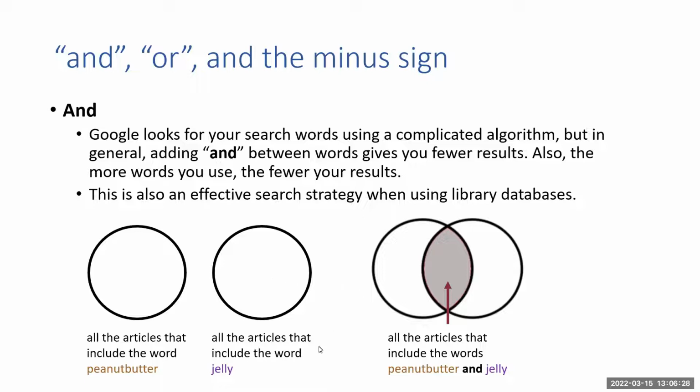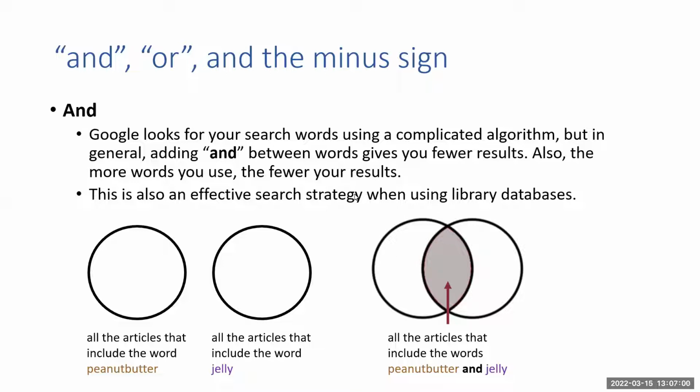So when you say you're going to search for peanut butter and jelly, you're going to get this area here where both words show up. Because over here, peanut butter could show up in some of these articles, or jelly could show up over here. But when you say and, you just want the ones that have both of those terms in it. So you get a narrower result. And the more words you add, the smaller this space gets, the fewer results you should get.